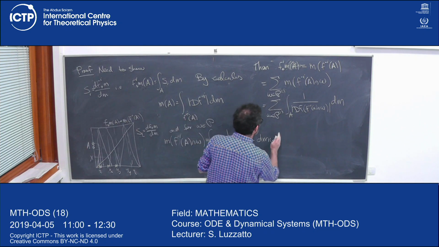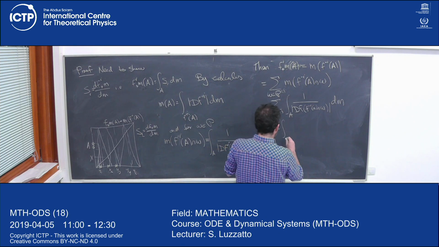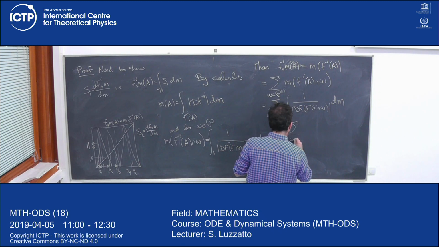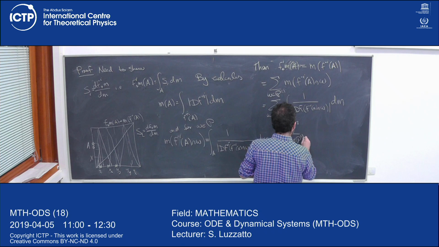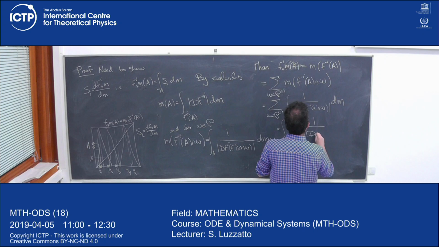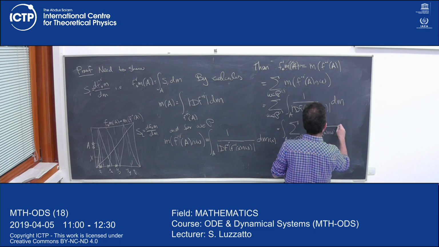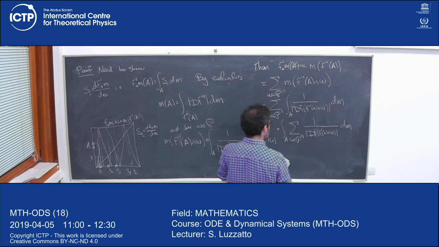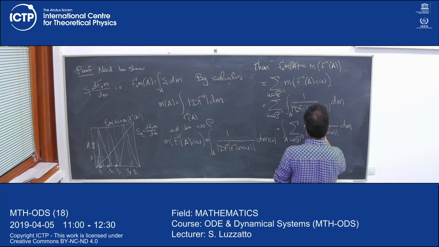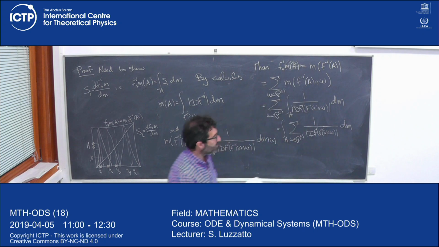And this is just a sum, so this can come out. So we can write this as the integral over A of the sum over omega in P_I of 1 over df in f minus I of x intersection omega, dm. Yes, the f minus I, thank you.